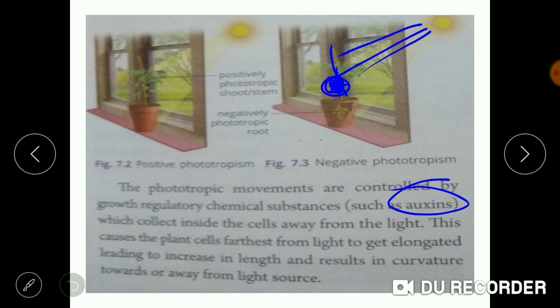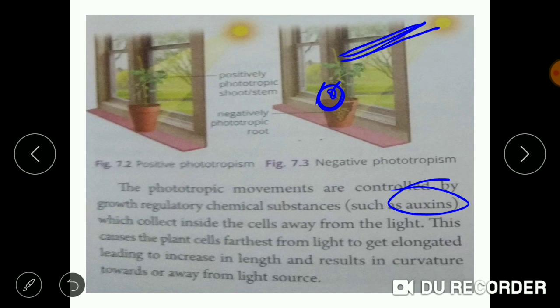I am repeating once again. The plant hormone known as auxin accumulates in that region where the sunlight is coming the least. So in that region, the growth will be more.